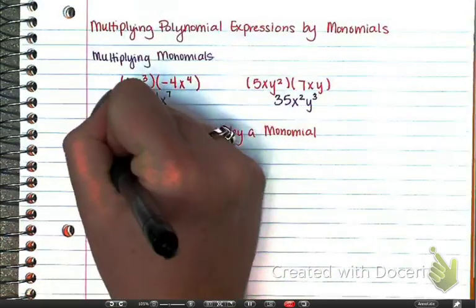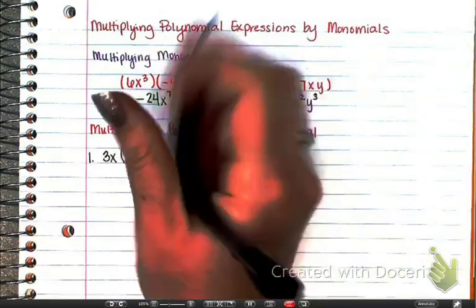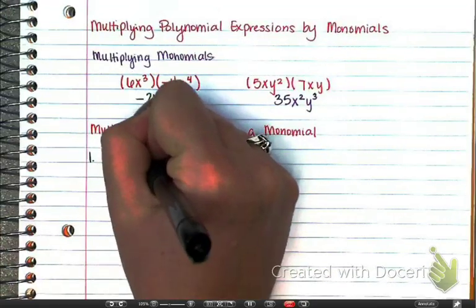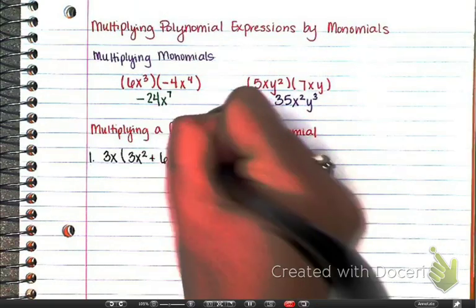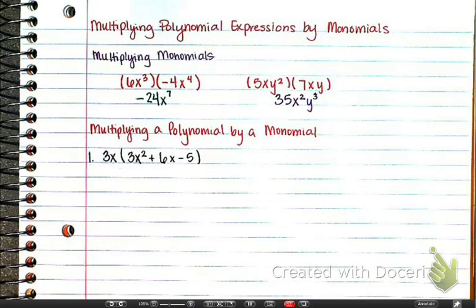All right, let's multiply 3x times 3x squared plus 6x minus 5. Before we do anything, what does this look like?